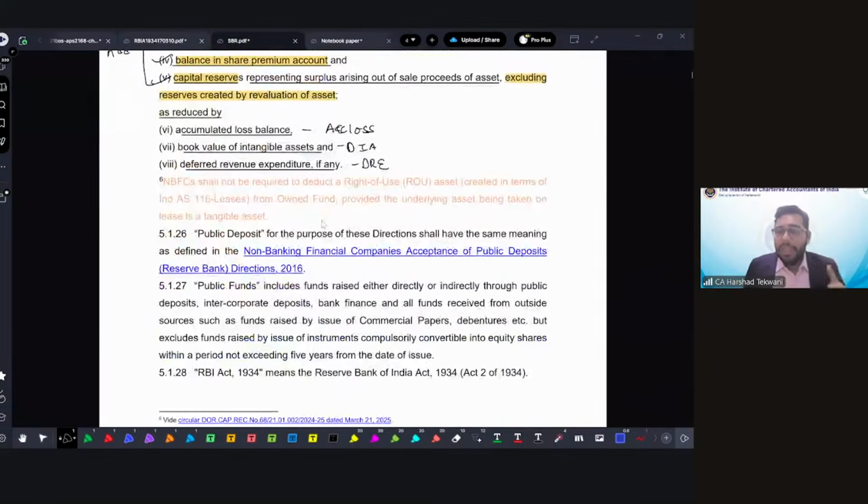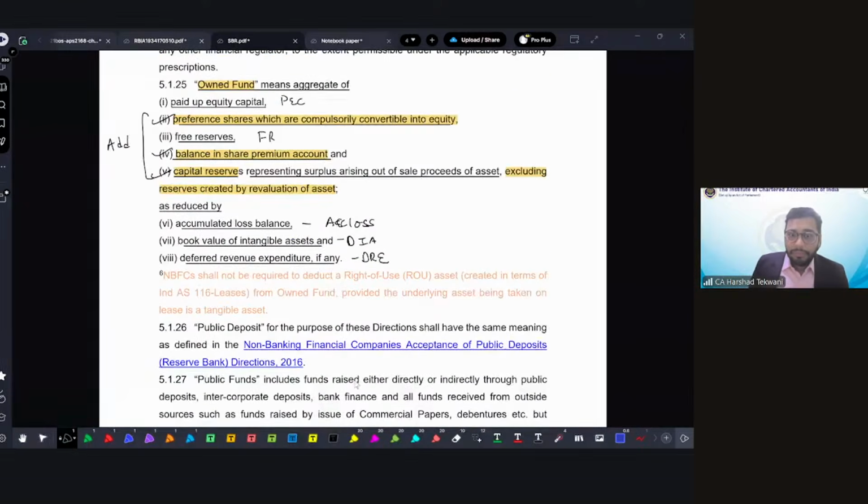But there is one important amendment, or a clarification, I would say, which was issued in March 25. That was that right to use is not required to be deducted. Right to use of asset. If it is based on the tangible asset, it is not required to be deducted because there was a confusion. Should we include right to use of asset as other intangibles?